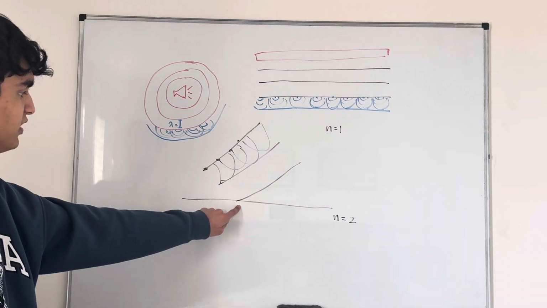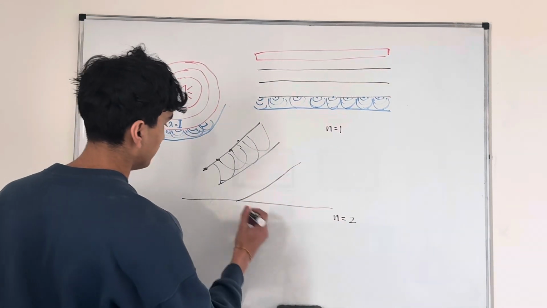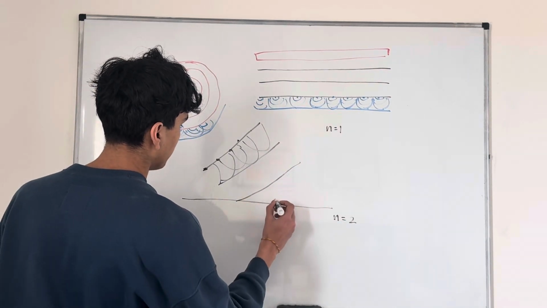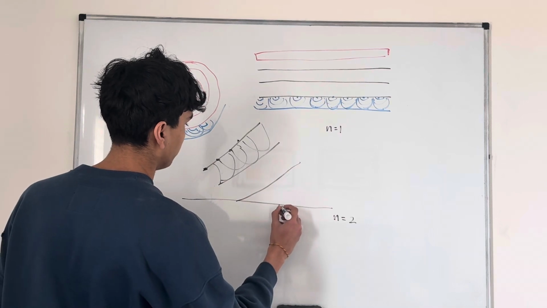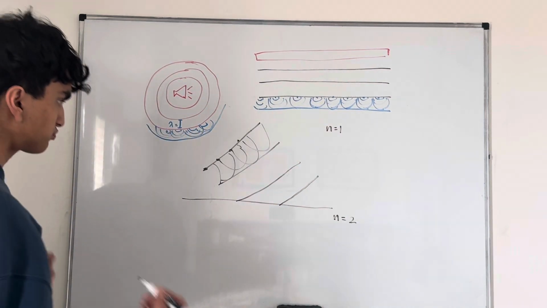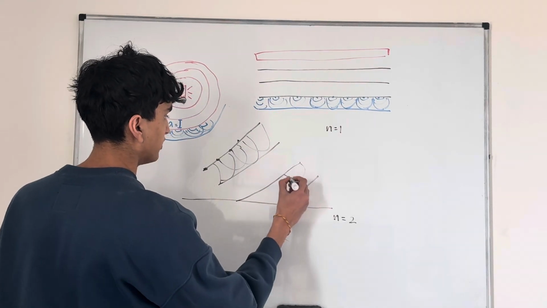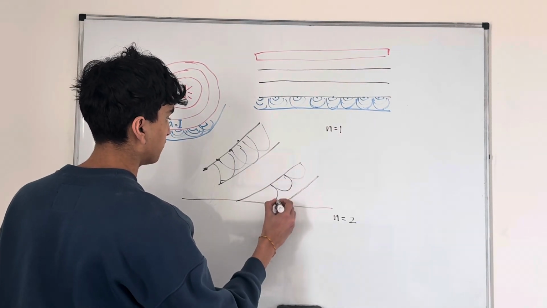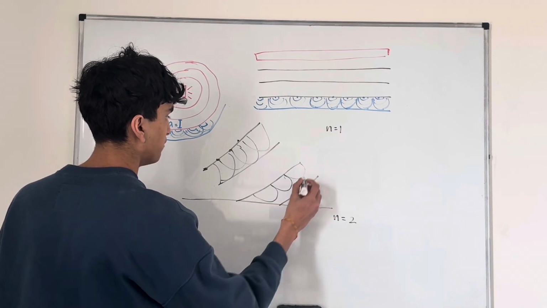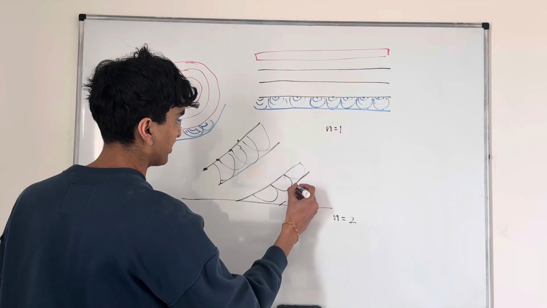Once the wave hits here, let's even extend this wave till here, by the time the wave has hit this point. So what happens is, they still make their wavelets, and I'm drawing this really badly, it would be more like this, right?